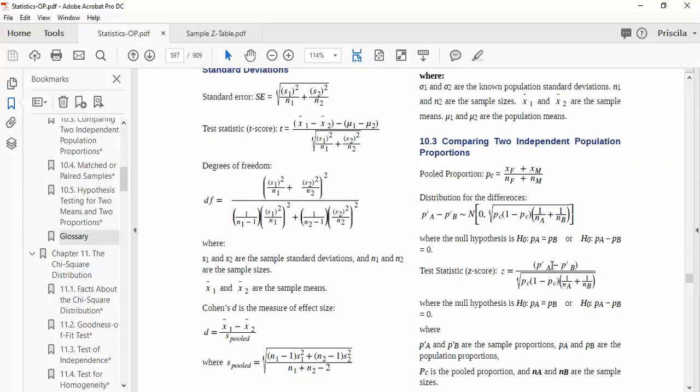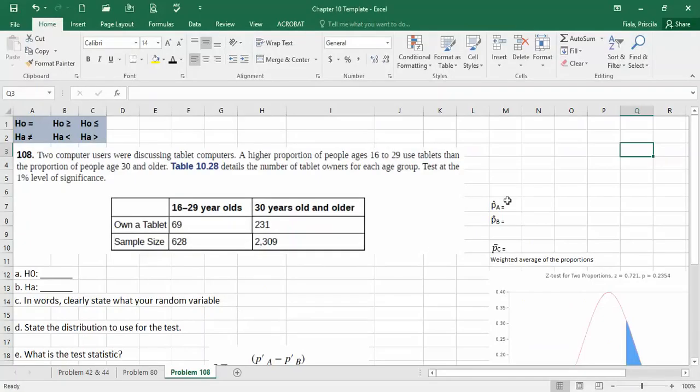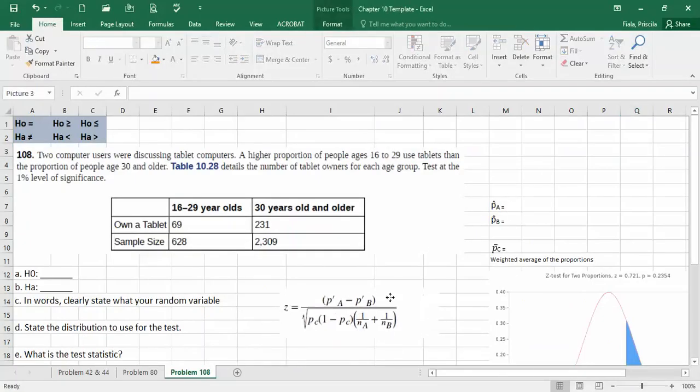Okay, so right here, all it means is that they're getting the proportion of the first set of data and then subtracting the proportion of the second set of data. It could be a number 1 here and a number 2 and a number 3, but they use A, B, C, which on the template I have put A, B, C as well, so you can follow along with this formula, but it could have been different.